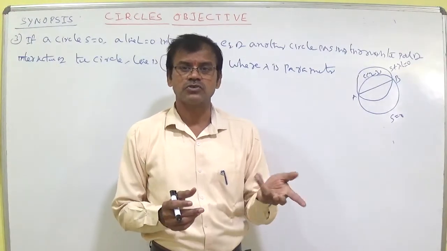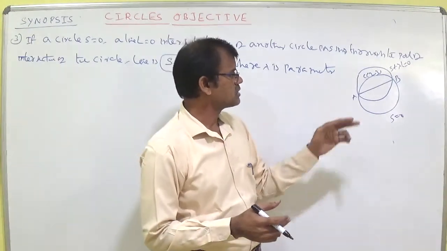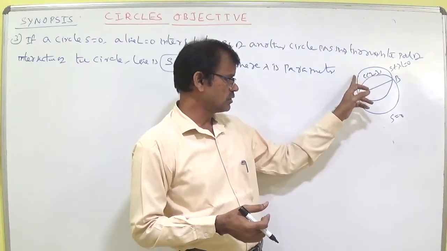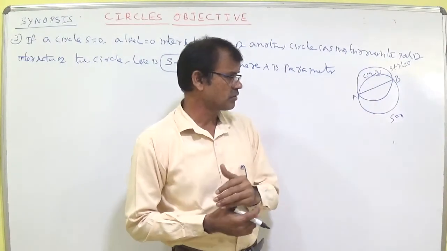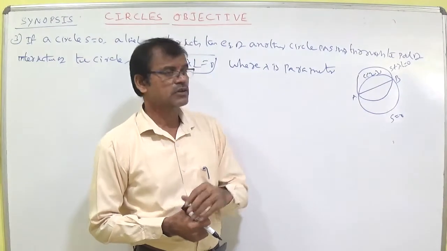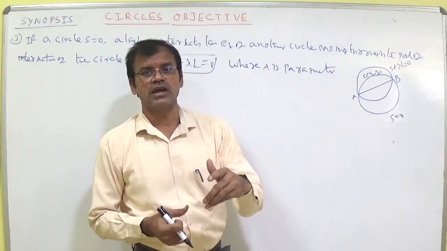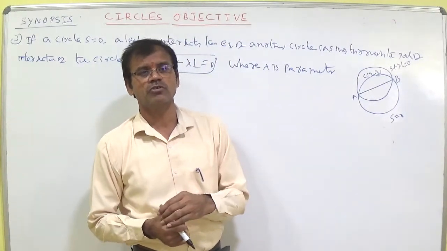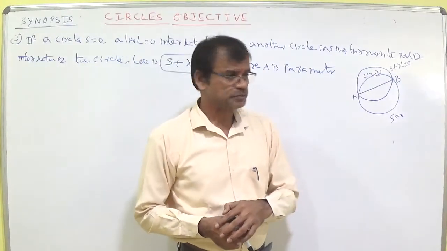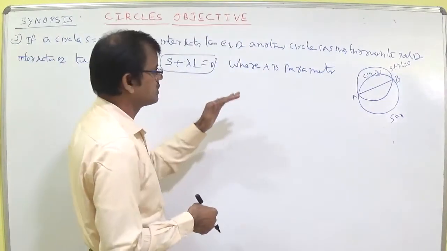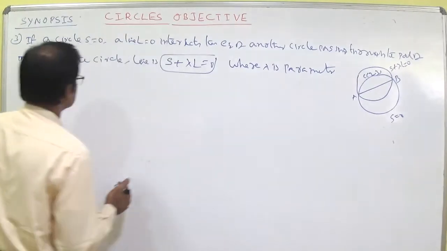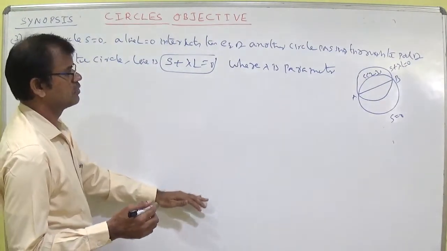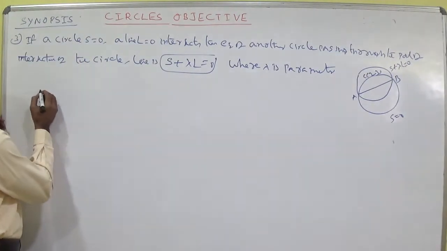And the point is also given. So using the formula S plus lambda L is equal to 0, you will get the second equation, another circle. You should substitute the point 2, 3 and calculate the value of lambda, then you get the equation of the circle. Now, this one, another method, but same calculation using another method.